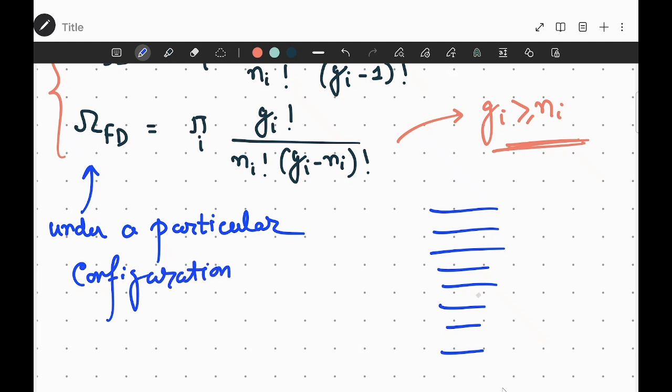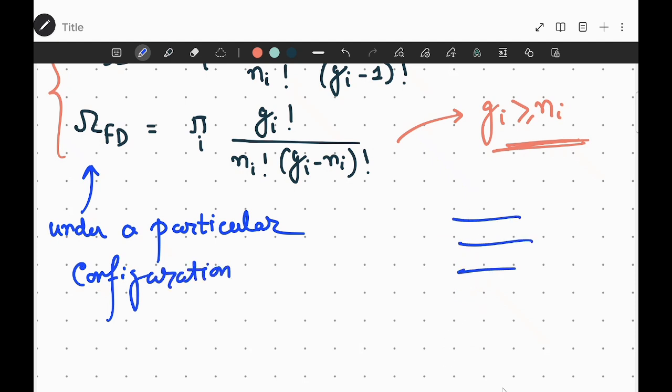Let's say there are three states and you have two particles, and this occupation number orientation is, let's say, 1, 1, and 0. So you have only this one option, because these are indistinguishable quantum mechanical particles. If it is A, B, then you could have B, A, but here you can't.